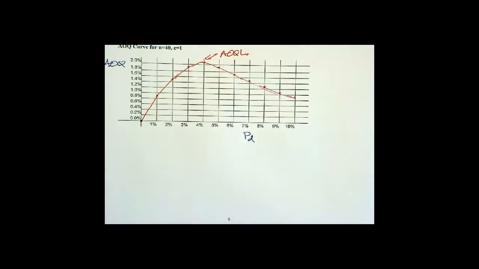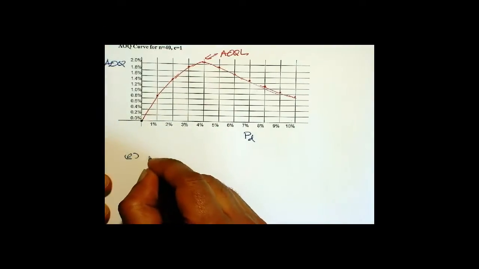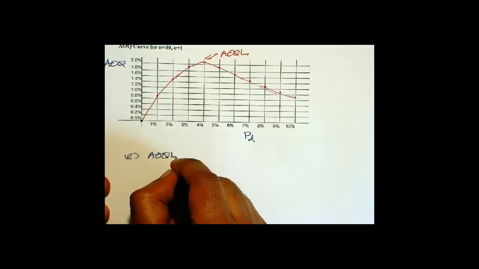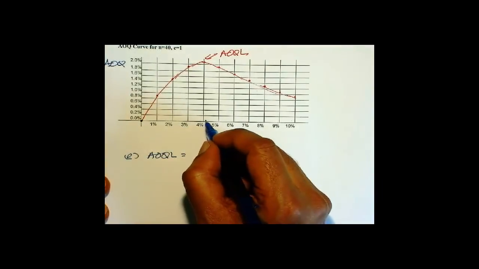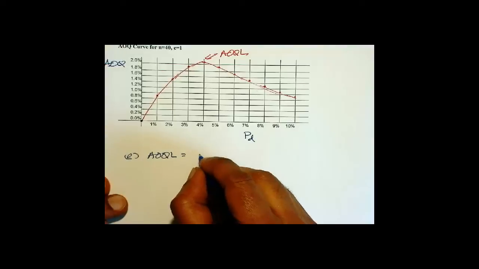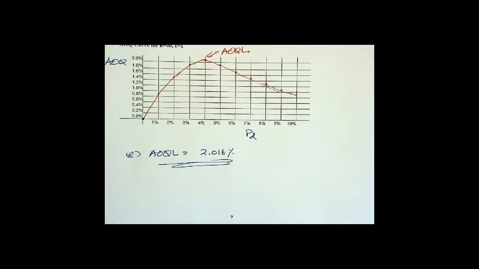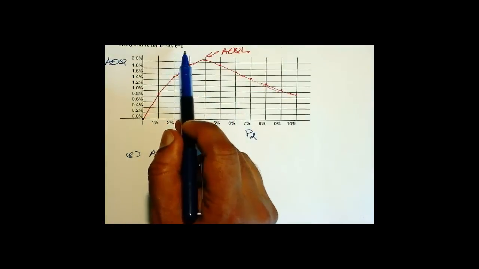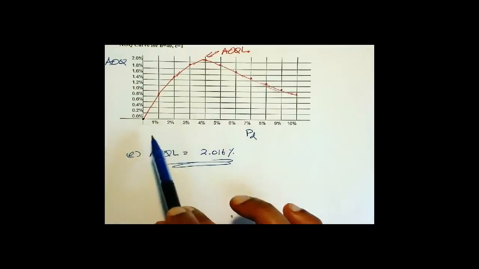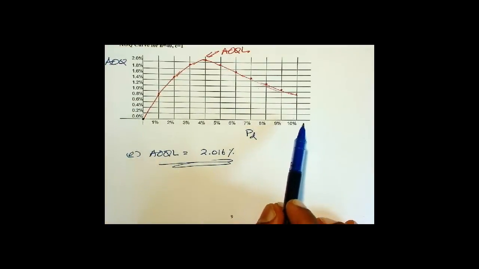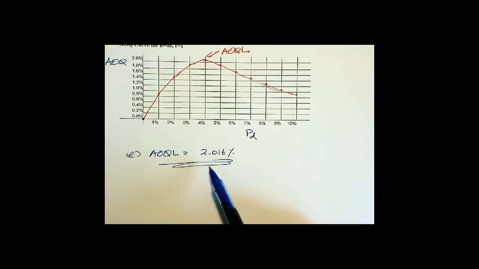So the answer is, for part E, AOQL is at 4%, it is 2.016%. If we use the n equal to 40, c equal to 1 sampling plan, no matter what the incoming defective percentages may be, on average, the percentage of defectives that will get through will never exceed 2.016%.